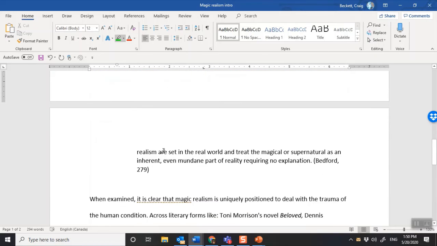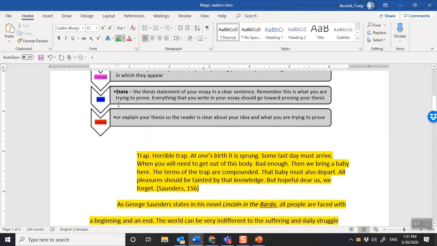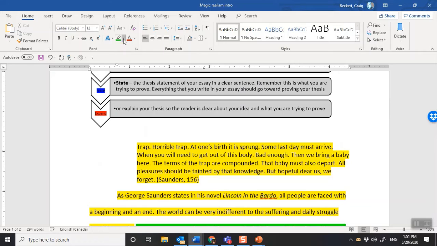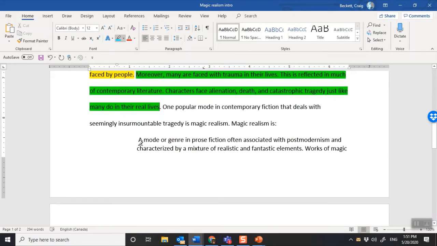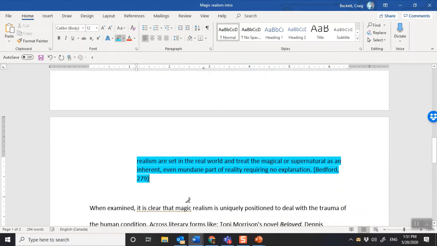Works of magic realism are set in the real world and treat the magical or supernatural as an inherent, even mundane part of reality, requiring no explanation. So go back up here. Define, so light blue. I'll pick my light blue highlighter here. Right, define. So defining terms here, defining what magic realism is.